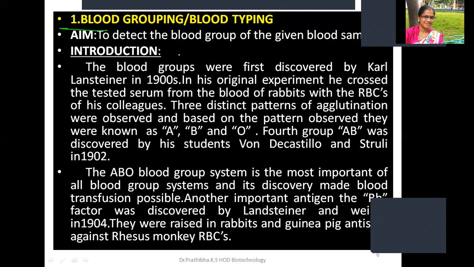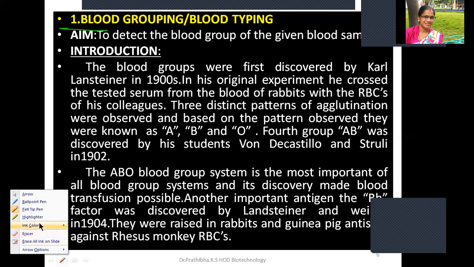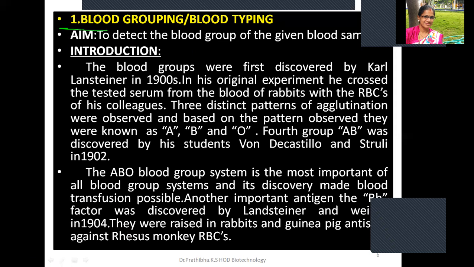Now let us go through the introduction related specifically to blood grouping, and write it in your observation book. The blood groups were first discovered by Karl Landsteiner in the year 1900. In his original experiment, he cross-tested the serum from the blood of rabbits. Serum means the liquid or fluid part of the blood.